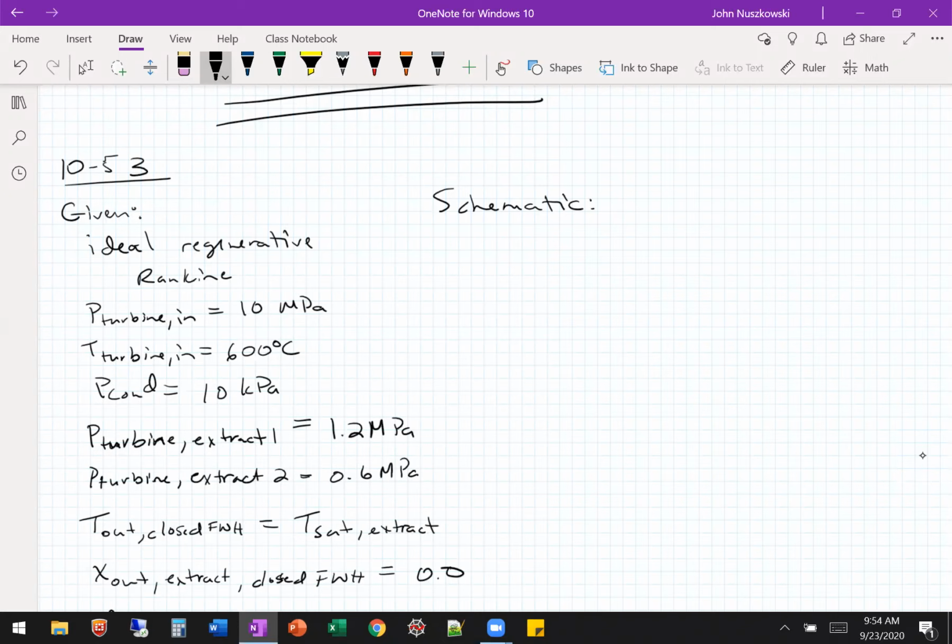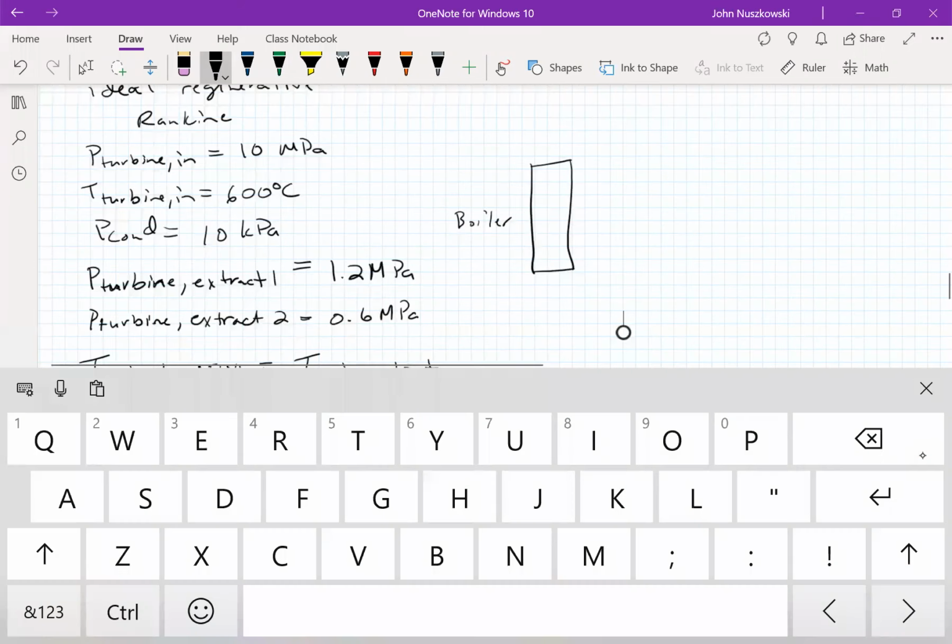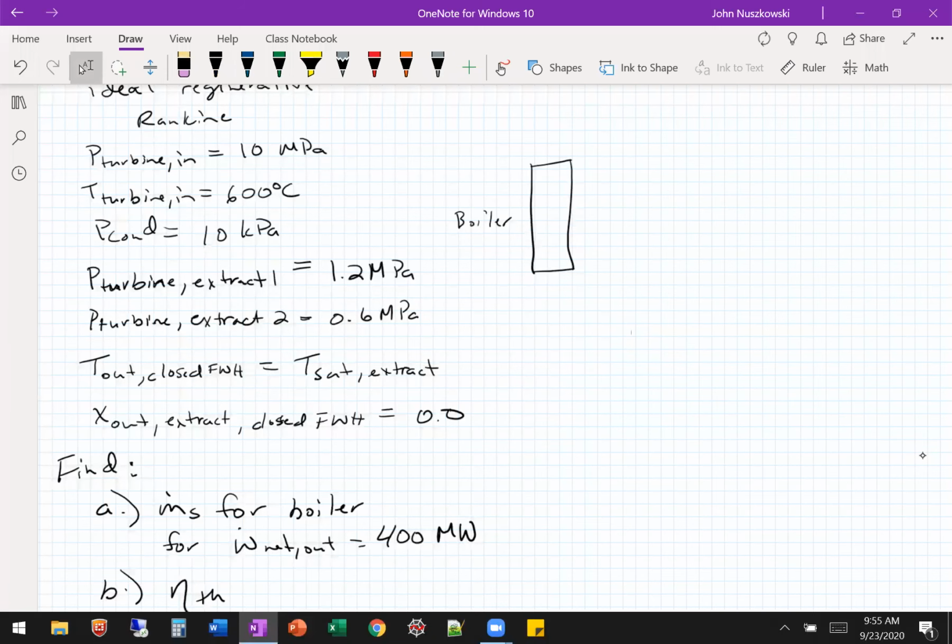All right, so schematic. We have our boiler. Let's see if I can do this better.